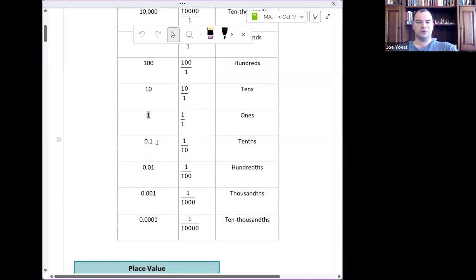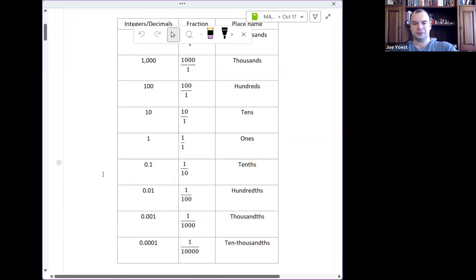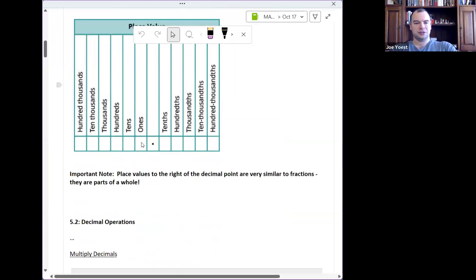Then we move it over one more to the other side of the decimal point, to the tenths place, or again to the hundredths place, and so on. Or in fraction form, we begin adding zeros to the denominator of the fraction. And this is our place names lined up in a more pictographic format.